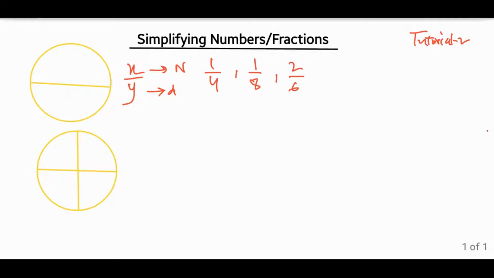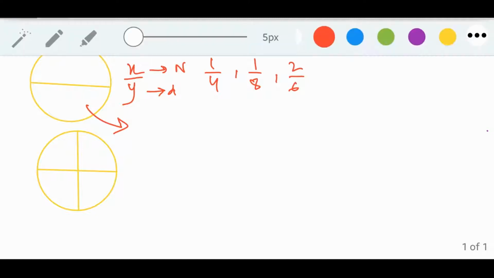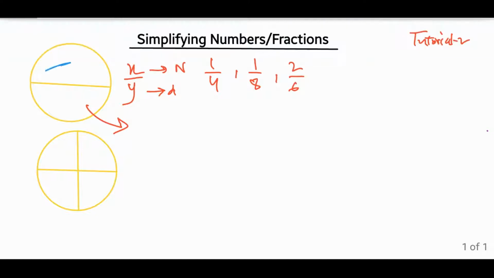Now what this actually means is, here are pizzas. You might be wondering what these shapes are. I have drawn two pizzas here. Now this is the first pizza, the big one. Sorry, the sizes are the same, but in this pizza, there are two parts, right? So if I take one part out of this pizza for eating, I have taken one part out of two, isn't it?